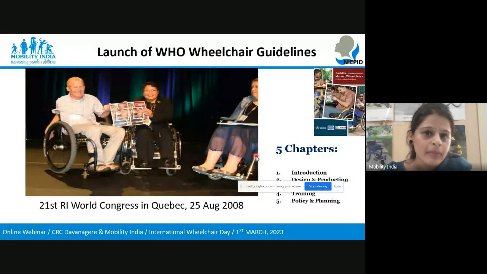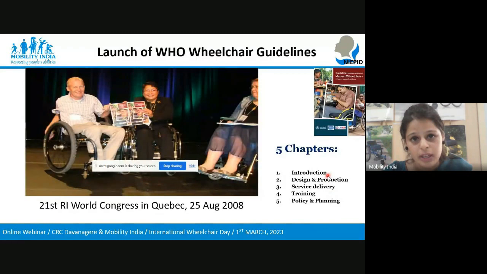At the same time, WHO also launched guidelines for provision of manual wheelchairs, especially in lesser resource settings, in 2005, which include 5 chapters: introduction; design and production, which talks about the types of wheelchairs and their components; service delivery; user training; training of professionals; and policy and planning.